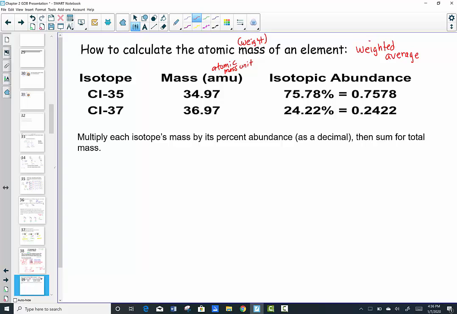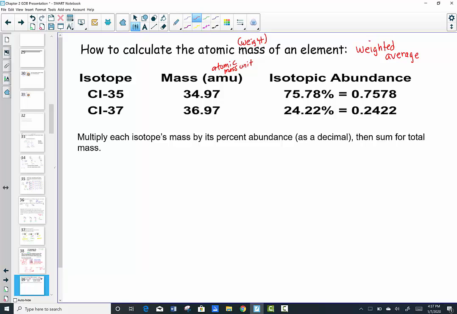Chlorine-37 weighs exactly 36.97 AMUs. The relative abundance of each isotope: in nature, chlorine-35 is 75.78% abundant, in comparison to chlorine-37, which in nature is 24.22% abundant.